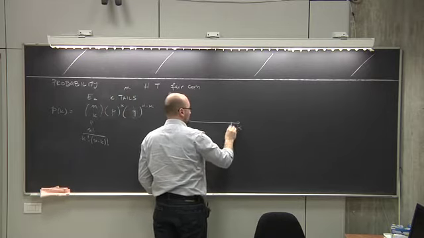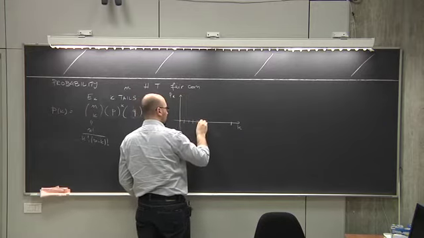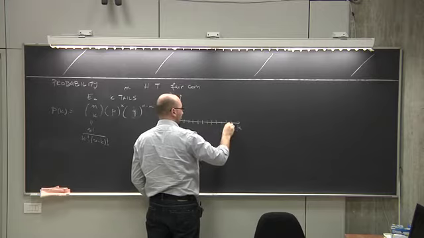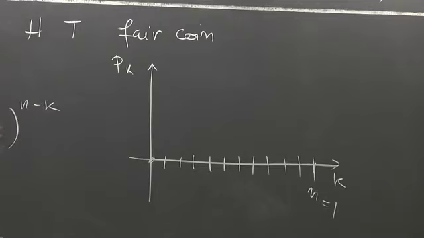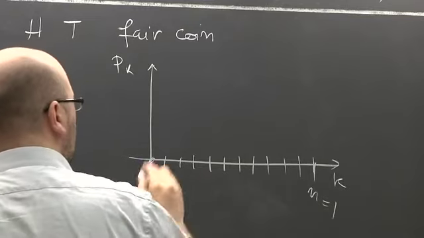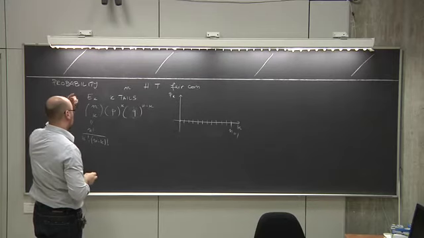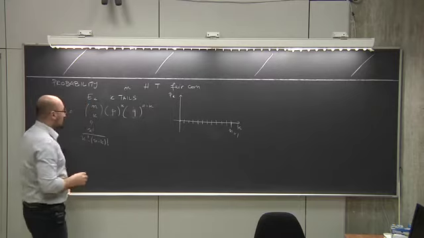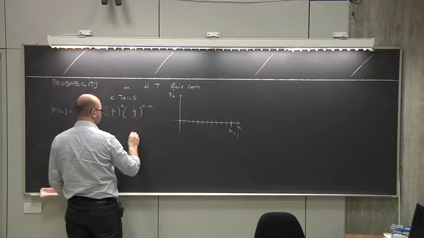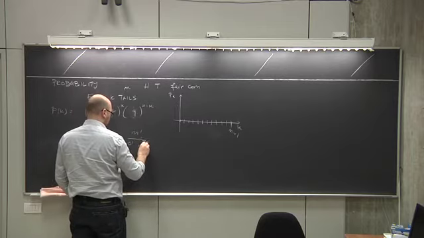Suppose we have n, which is 0, 1, 2, 3, 4, 5, 6, 7, 8, 9, 10, 11, so n is equal to 11. For every value of k we can put down a number. So for k equals 0, we have to put the number n factorial divided by 0 factorial times n factorial.